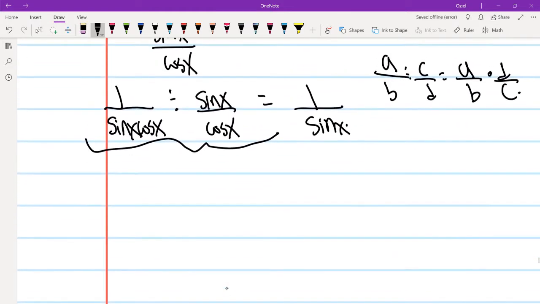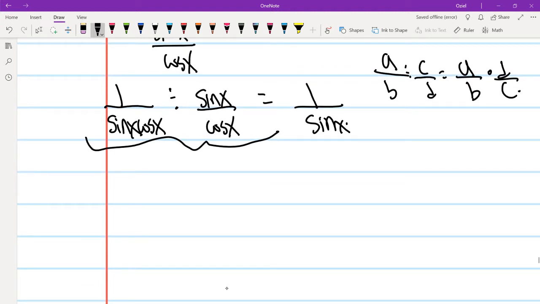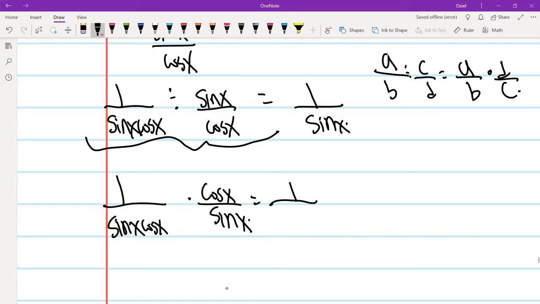So you would do 1 over sine of x cosine of x times cosine of x over sine of x, equal to 1 over sine of x.